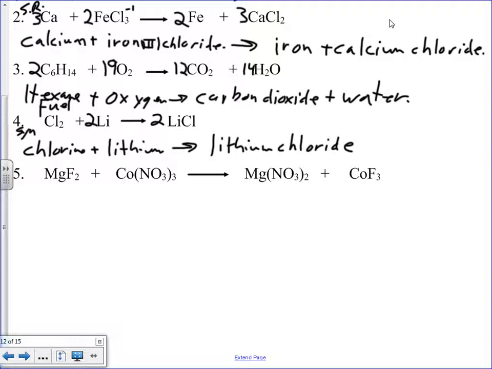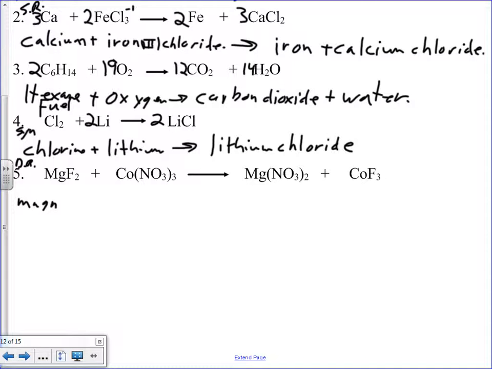And then our last one here, we've got an ionic compound reacting with another ionic compound to produce 2 different ionic compounds. So, Mitchell, what am I looking at there? Double replacement reaction. So now I need to write it in words.